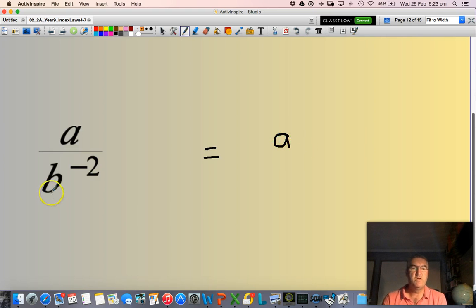The b component will become b to the power of 2. So what was a denominator becomes a numerator when we're applying the negative index.